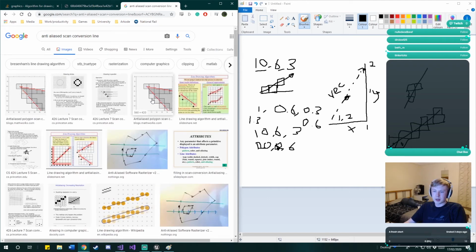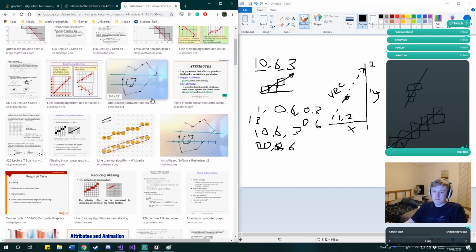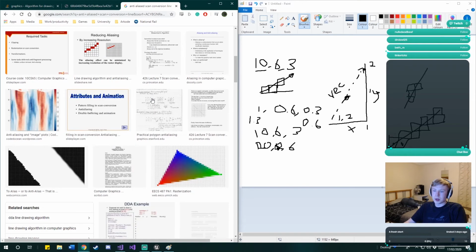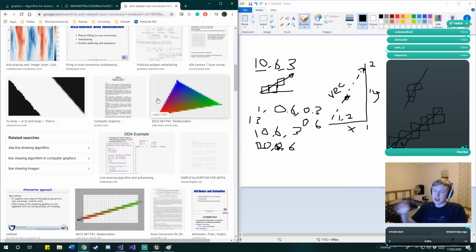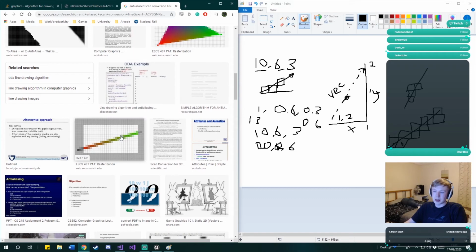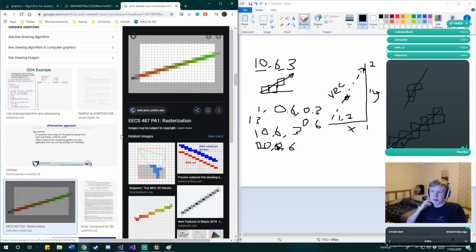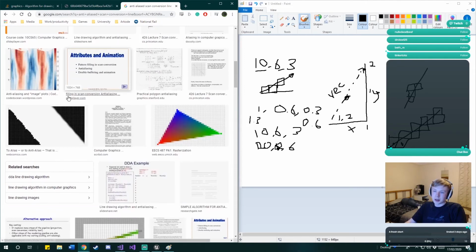I would prefer to do it this way. I think it'd be more efficient, because I'm doing it in voxel increments rather than straight line increments, which isn't what we need. So I basically need an anti-aliased algorithm.